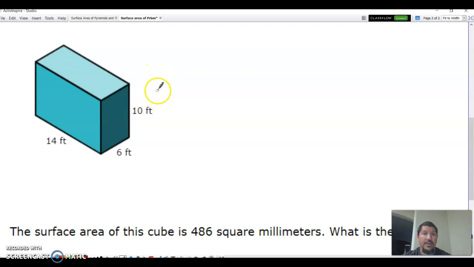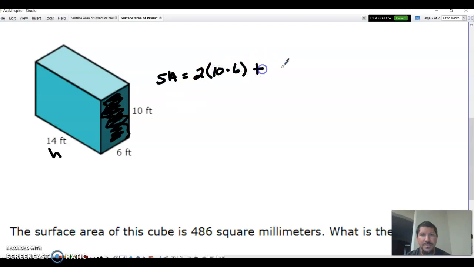Okay? So I'm going to call this my base, which means this is the height of my prism. So surface area is equal to 2 times the area of my base, which is 10 times 6, plus perimeter of my base, which is 20, 32, times my height of my prism, which is 14.